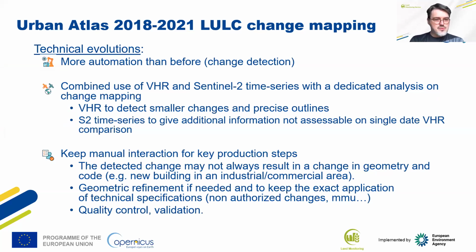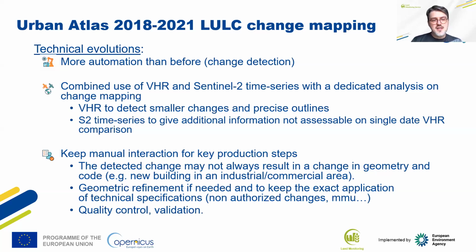Compared to the previous Urban Atlas cycles, our workflow now includes more automation than before. We now combine two complementary data sources: VHR imagery, so very high resolution images, to detect small, precise changes and draw accurate boundaries, which is very useful in the urban context.